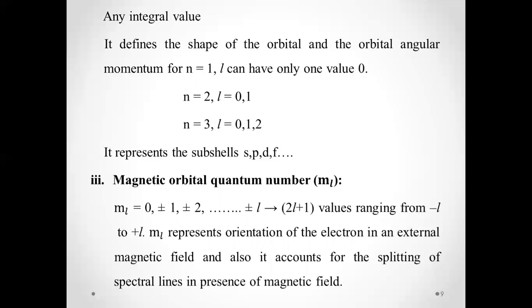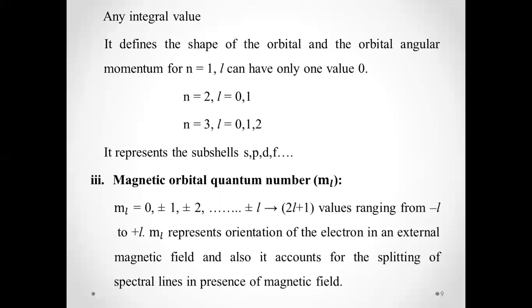For n equals 3, l can have three values, that is 0, 1, 2. And the value of l represents the presence of subshells s, p, d, f, etc.